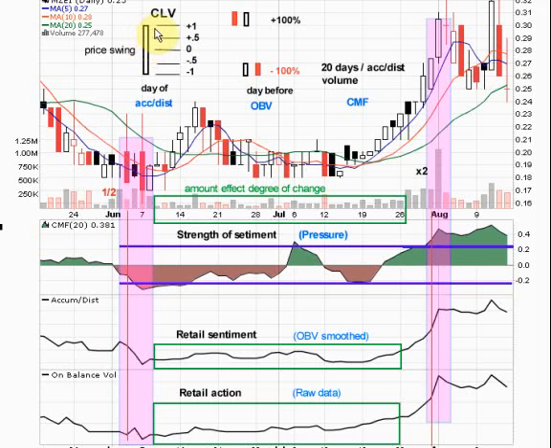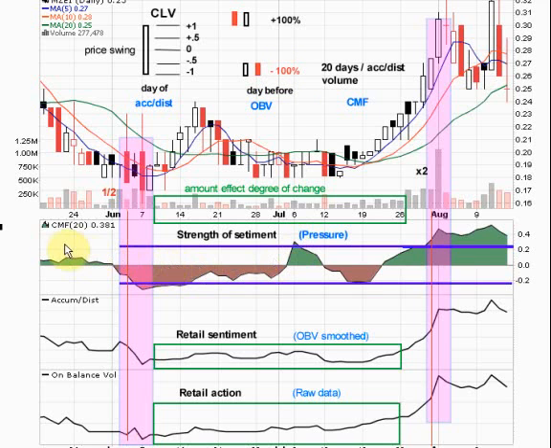If it finishes all the way at the top of the day, they'll add the complete volume, and so forth for the negative swing. So if this was a candle with spikes, you would determine which percentage of the daily volume to add to the graph down here. What that'll do is smooth the raw data, instead of it just going up and down depending on the daily finish.